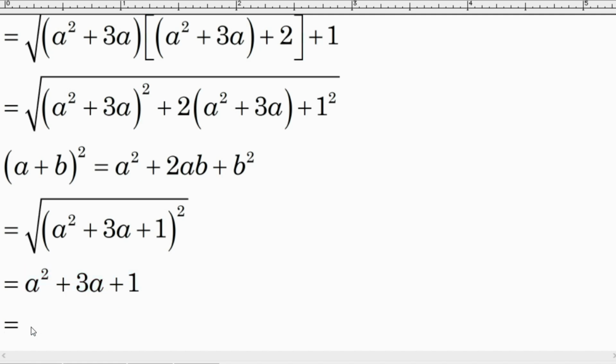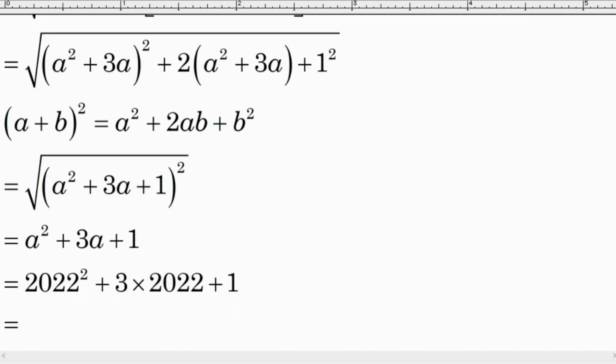So we get 2022 raised to the square and then plus 3 times 2022, and then plus 1. So if we calculate this number, it takes a little bit of your time, but now I'll just put the answer for you.